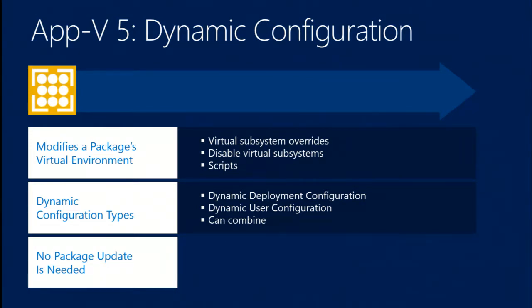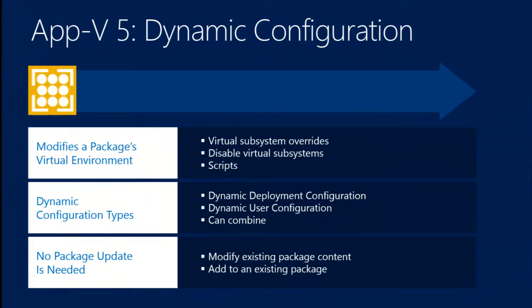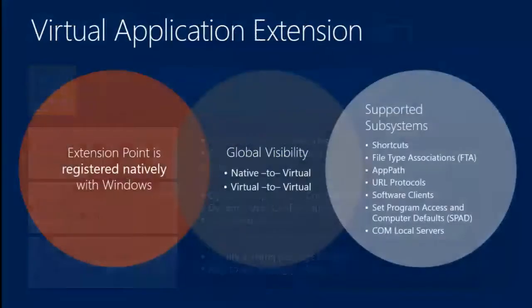And you can combine them, but the granularity is by subsystem. So you can't make some tweaks to the shortcut subsystem in the deployment config, make some more tweaks in the shortcut subsystem in the user config, and then have them overlay correctly. So it's either all shortcuts in the deployment config or all shortcuts in the user config. All right, and again, the big plus here is that you don't need to update the package.